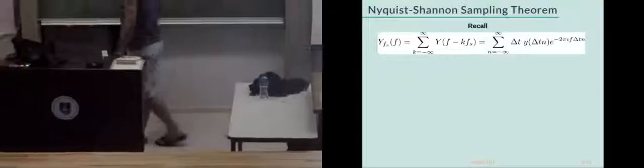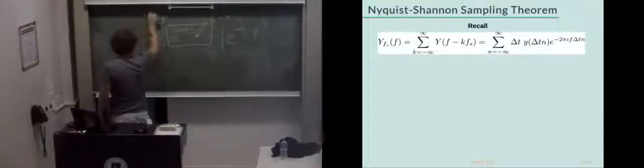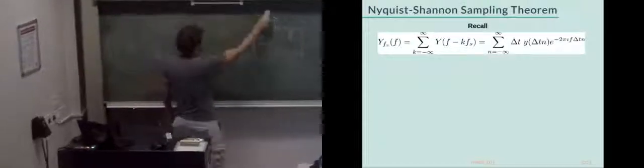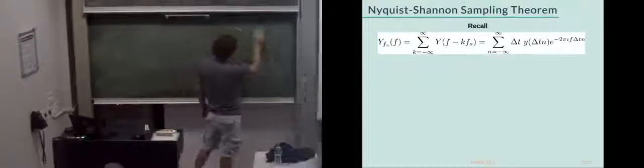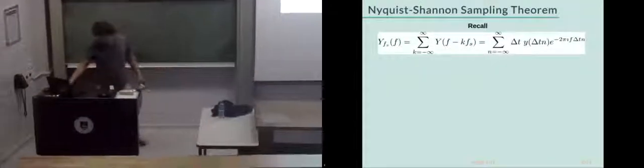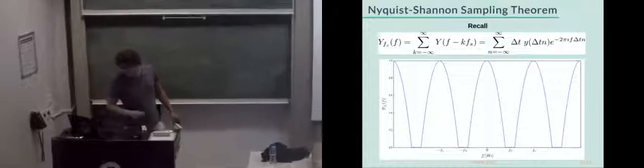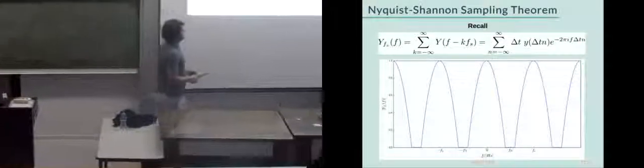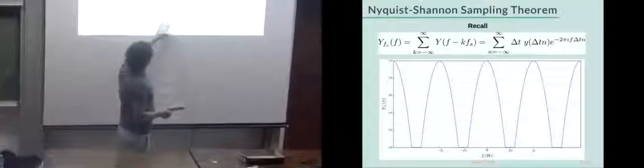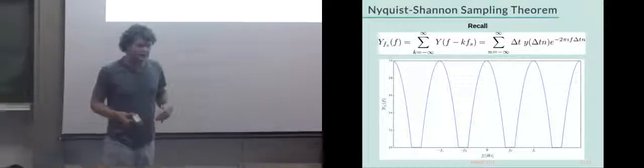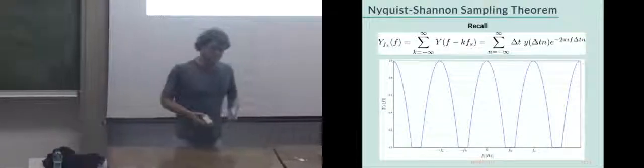So the Nyquist theorem tells us that for a band-limited function, and I've already explained what band-limited is, it will look something like that. This would be the spectrum that I'm expecting if I took the continuous Fourier transform.